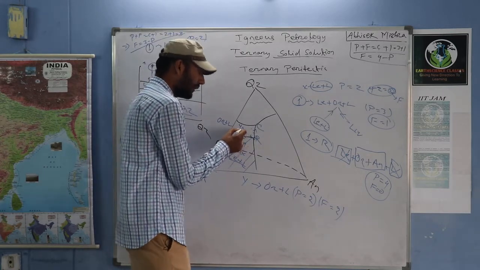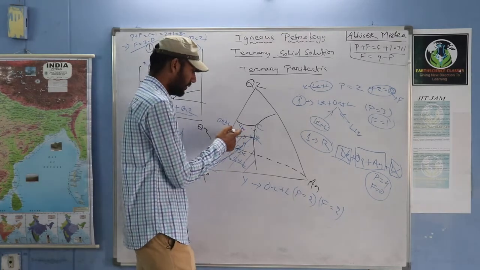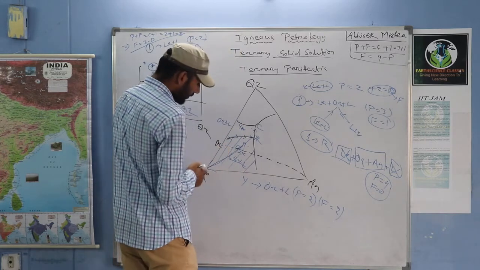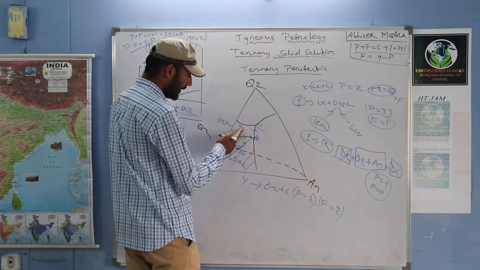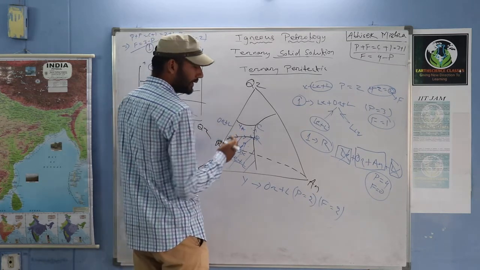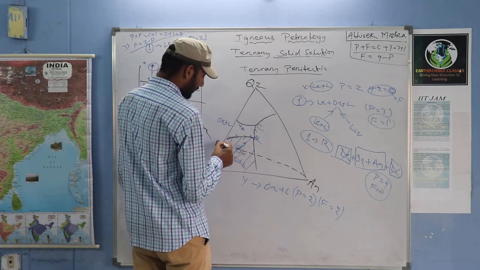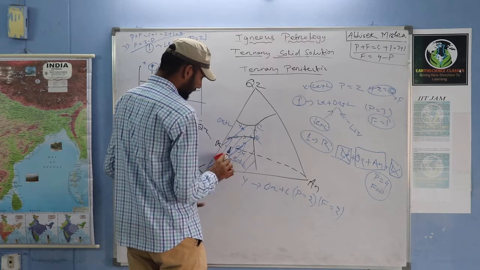As this point is in the field of orthoclase, what to do? Not with leucite, you have to connect Y with orthoclase. You have to connect Y with orthoclase, not Y with leucite, because you have taken it in the field of orthoclase itself. So you have to connect orthoclase and Y, it will move like this.